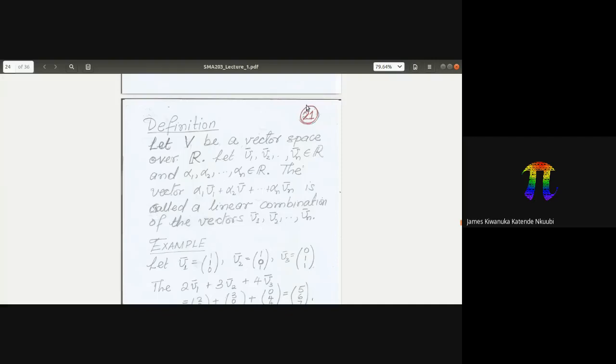So make sure you note this correction, on the second line on page 21, where the mouse is here, it should be R superscript n. That was left out. So we have vectors in Rn.